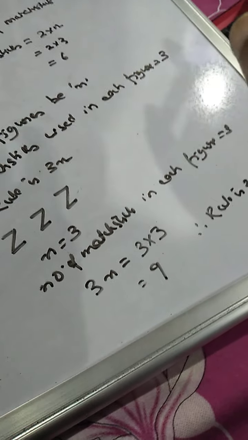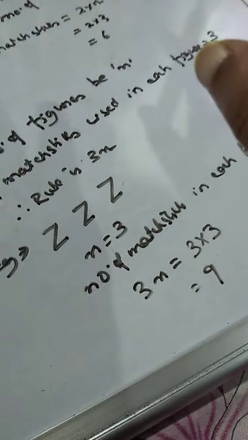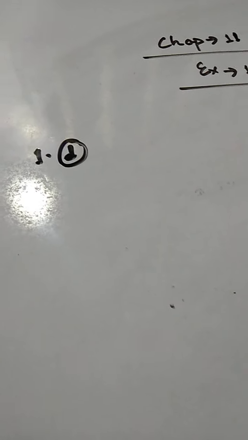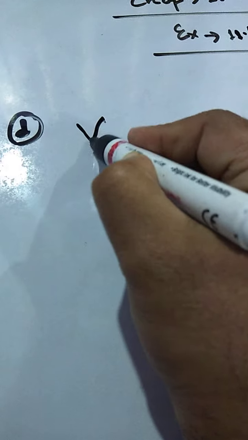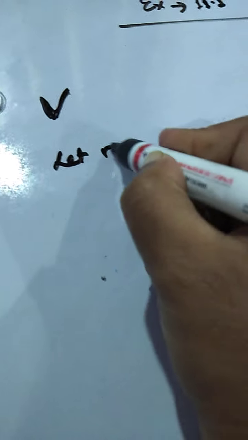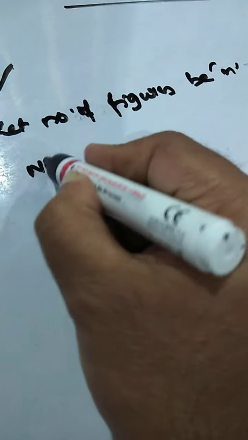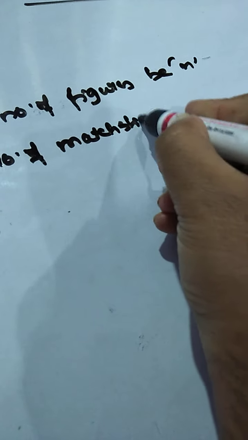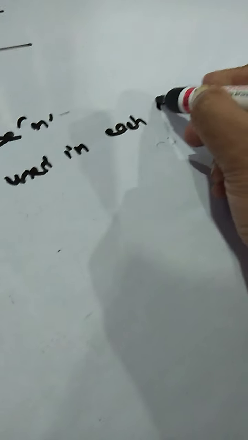Let us check another one, and the rest of the parts you will do as homework. Now let's try part D. In D it is written letter V. Let the number of figures be n and the number of matchsticks used in each figure, we have to count.